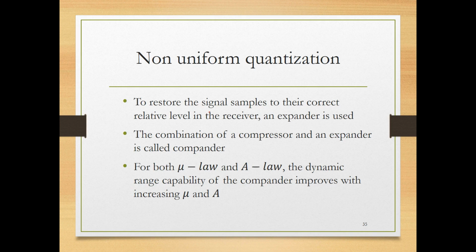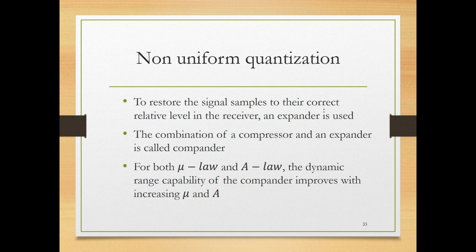For the receiver to restore the signal samples back to their correct state, it has to know that, and to do that, it just performs the opposite of the formula that you used for compression. It's like equalization in wireless communication. You have the channel multiplied by your signal. To remove the effect of the channel, you divide by the channel value so that you get the message back. It's something similar here.